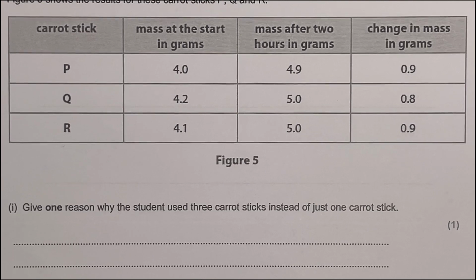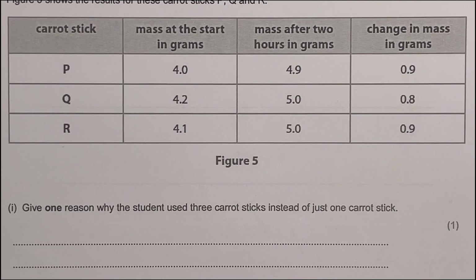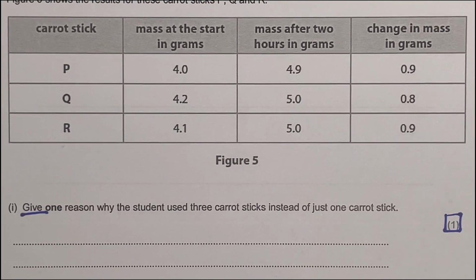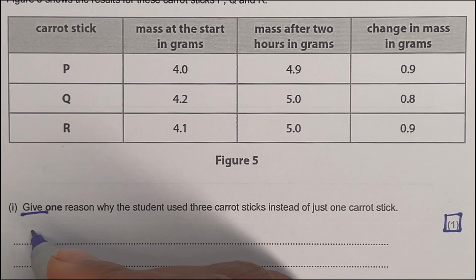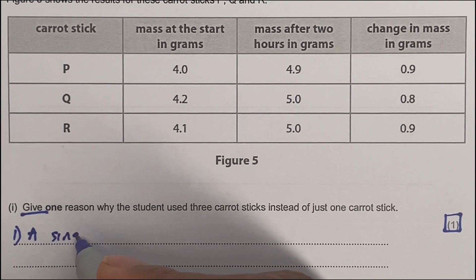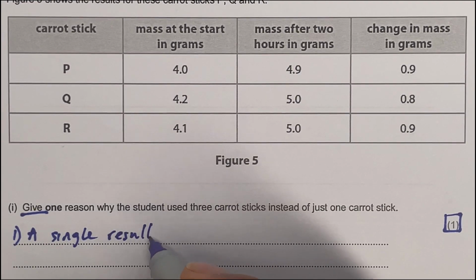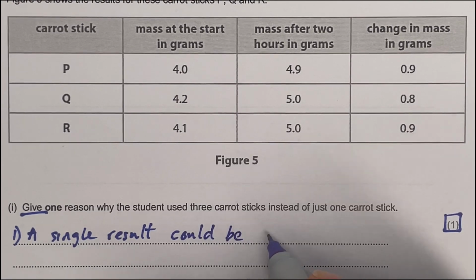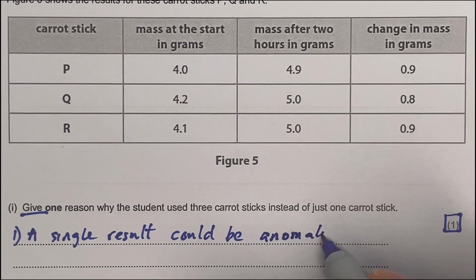Give one reason why the student used 3 carrot sticks instead of 1 carrot stick. Step 1, how many marks? So this is a 1 mark question. That means I need to just give one answer. Why the student chose to use 3 carrot sticks instead of just 1. I can say that a single result could be anomalous.